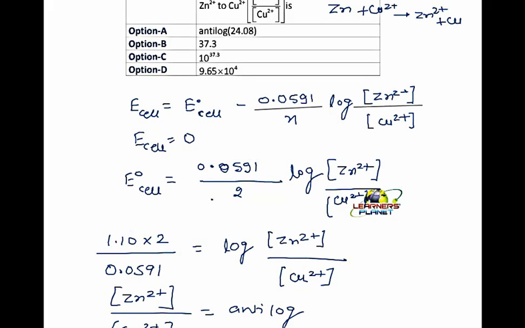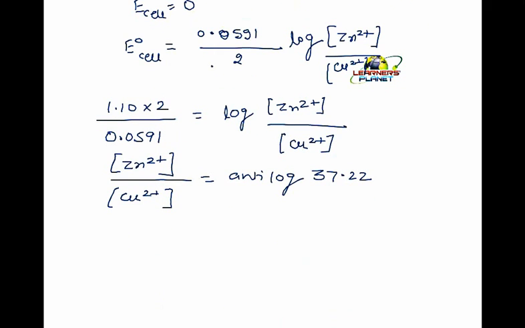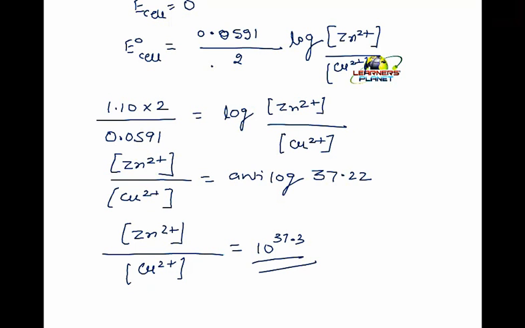So that is 37.22, right? Or this can be written as 10 to the power 37.3. Right? So the concentration ratio of your Zn2 plus to Cu2 plus is equal to 10 to the power 37.3.